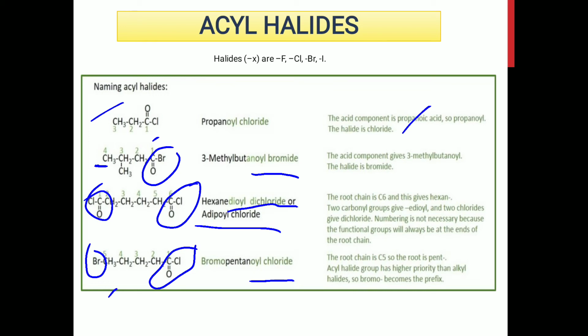So the name is pentanoyl chloride, and with the bromo substituent the name becomes bromopentanoyl chloride. The root chain is C5, and the acyl halide group has higher priority than the alkyl halide, so it will become bromopentanoyl chloride. So I hope you understand the acyl halides.